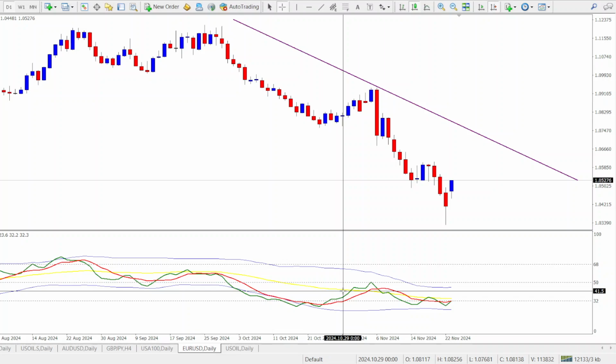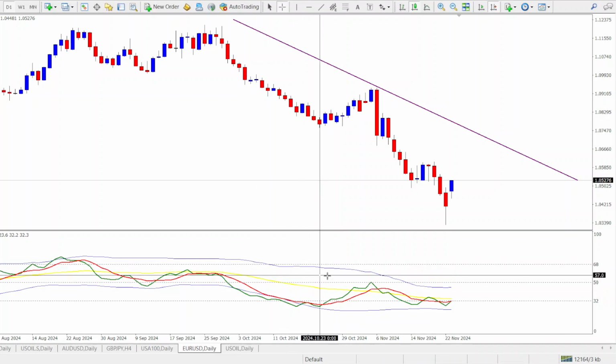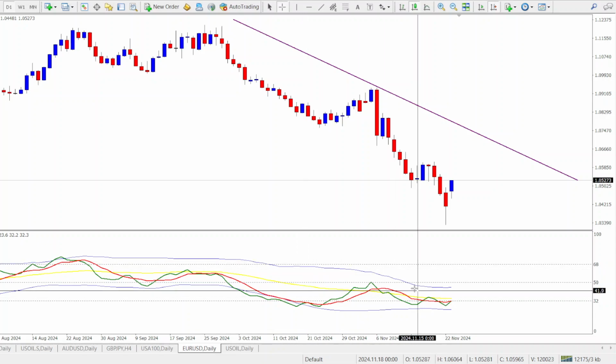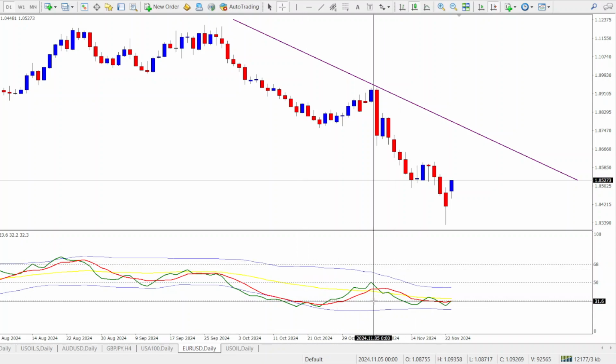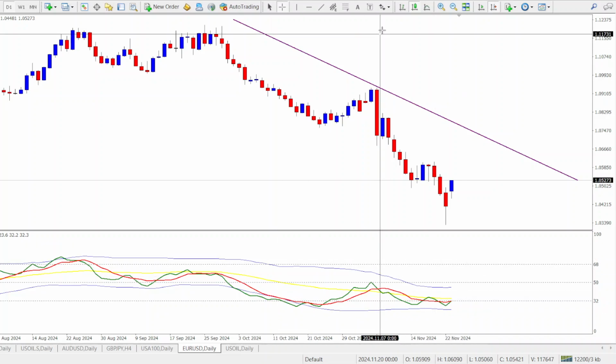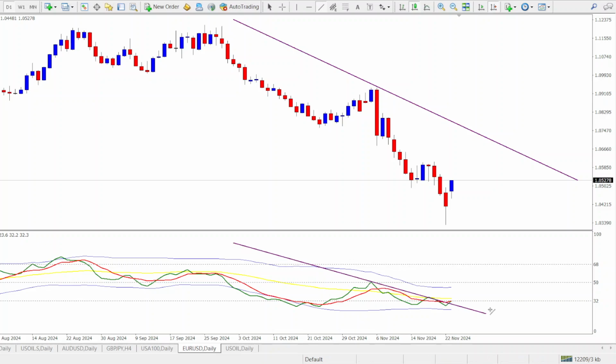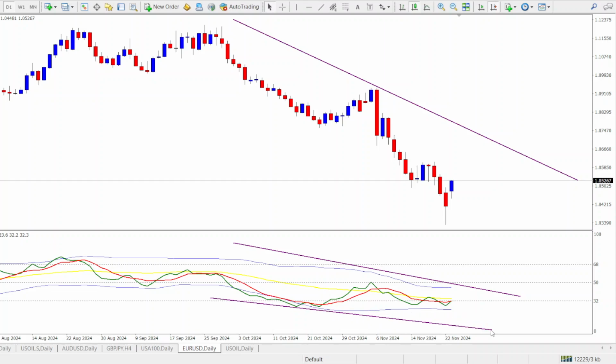So look at the direction of this channel that is bounded by the thin blue lines. Is the channel going downwards or upwards? As we can see, it's going downwards. So this confirms that this is a sell trend.